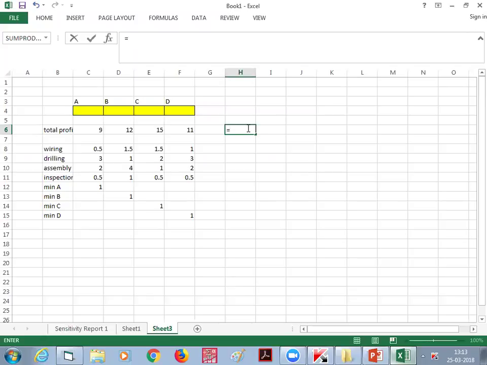Well, it's called the sum product. Okay? Sum product allows us to take 2 rows and multiply corresponding elements into each other and add them. So, sum product does this in a very efficient way.